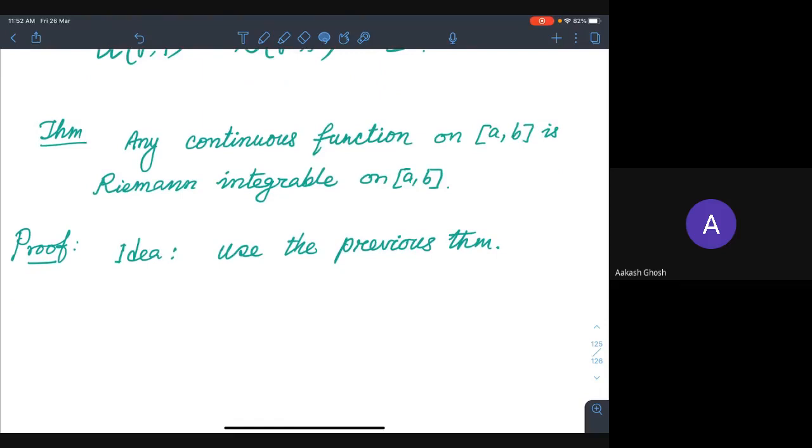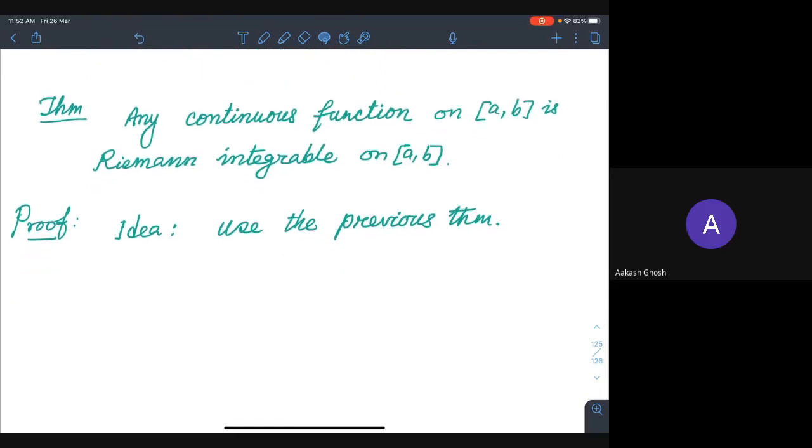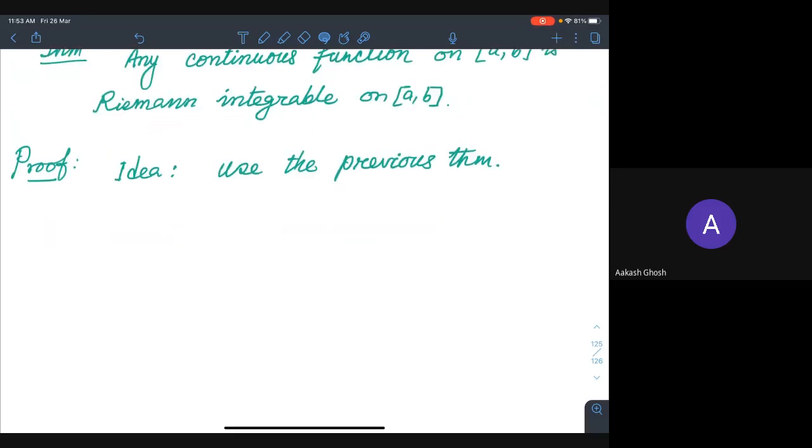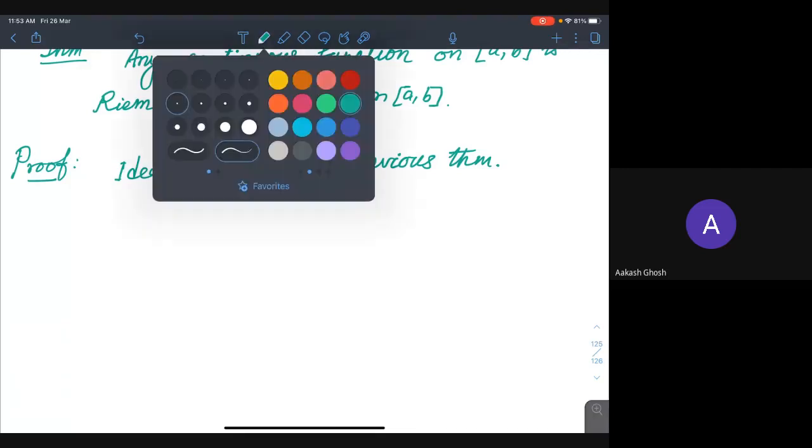Here the scheme is we start with continuous functions, then we keep on adding discontinuities. The general idea is that when a function is continuous, in a neighborhood of any point the functional values are very close to each other. What I mean is the following picture.